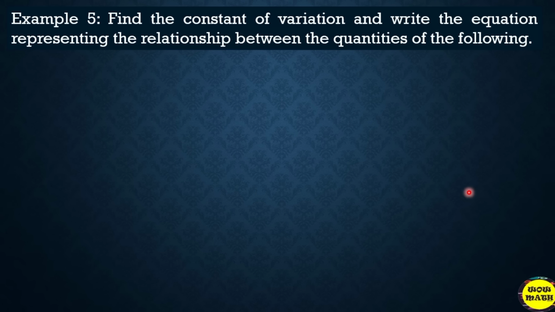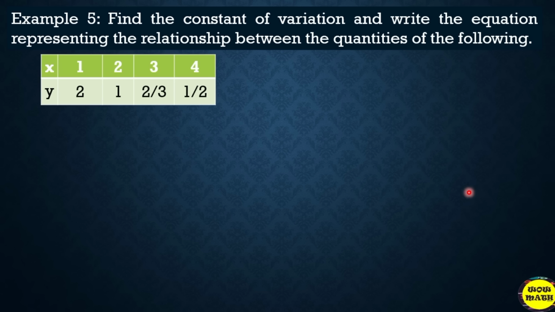For example number 5, find the constant of variation and write the equation representing the relationship between the quantities of the following. So, given the table of values, kukunin natin yung constant ng variation and then kukunin rin natin yung equation. So, paano gagawin?